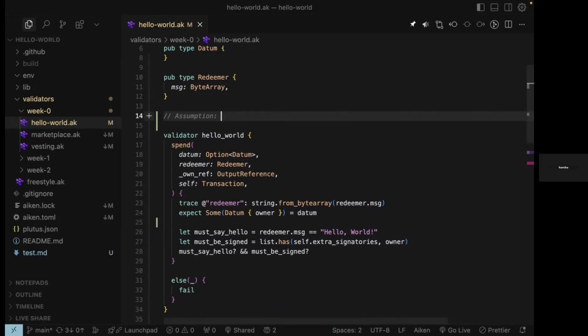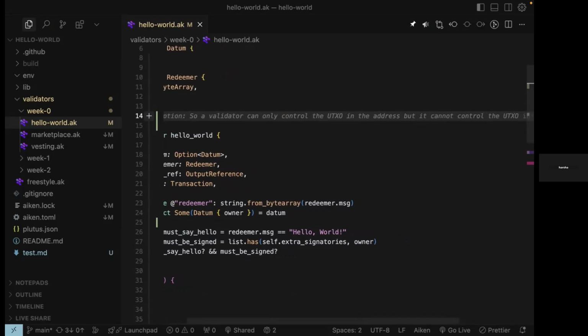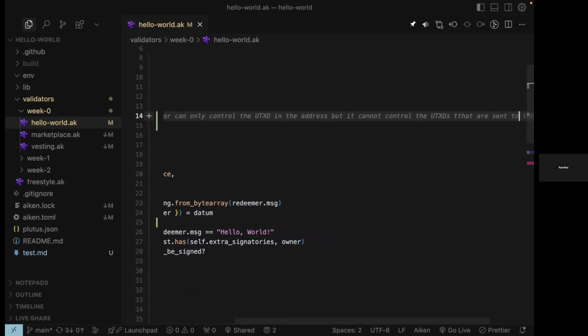So a validator can only control the UTXOs in the address, but it cannot control the UTXOs that are sent to the address.